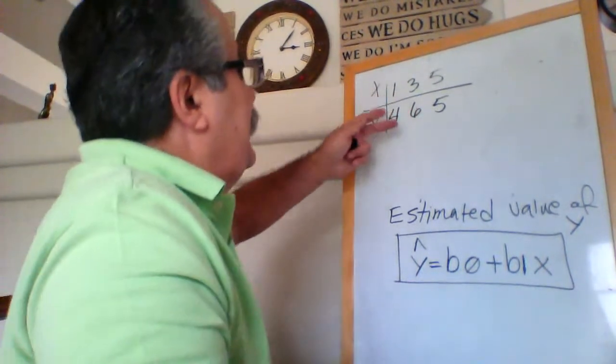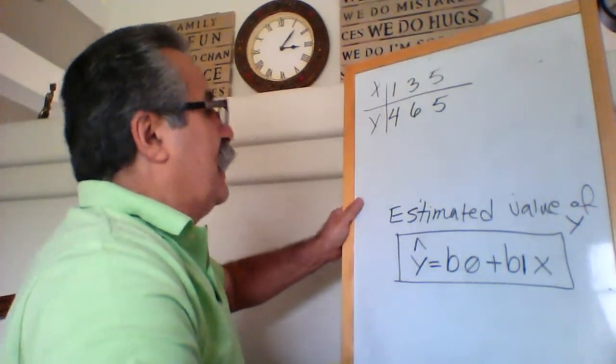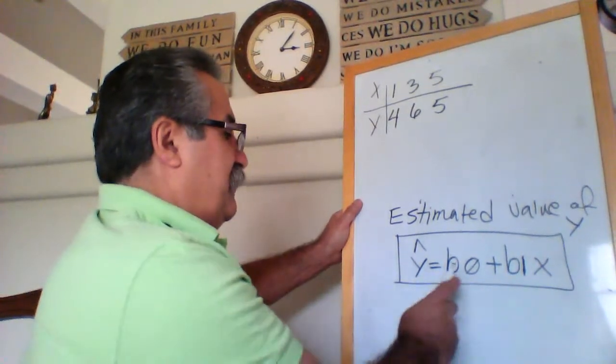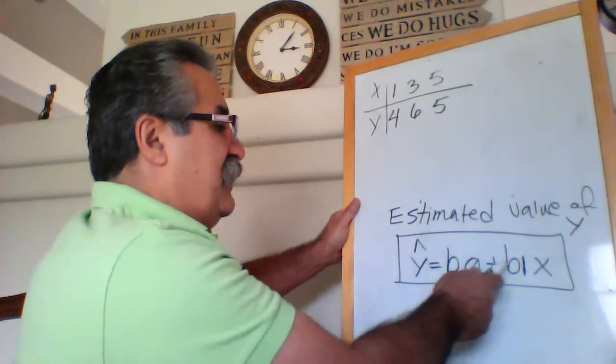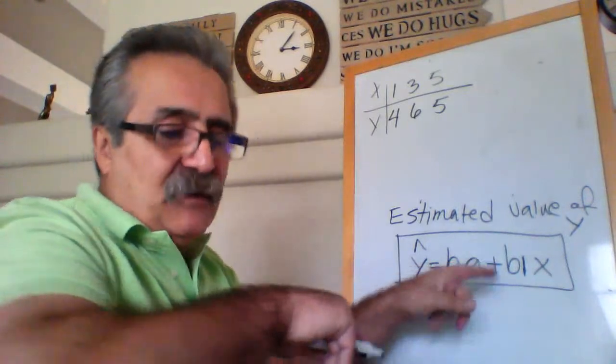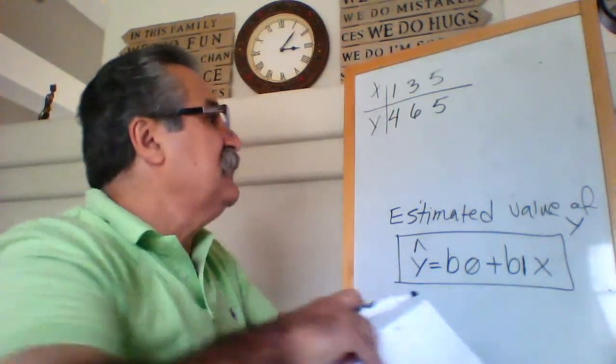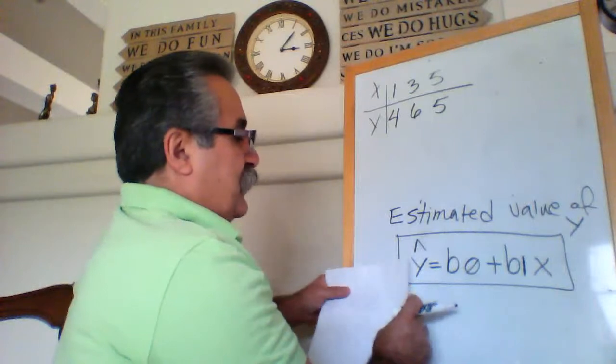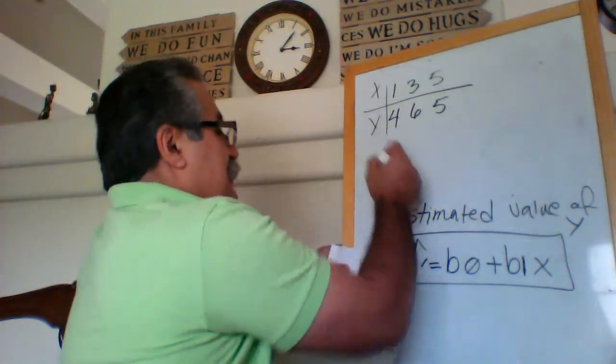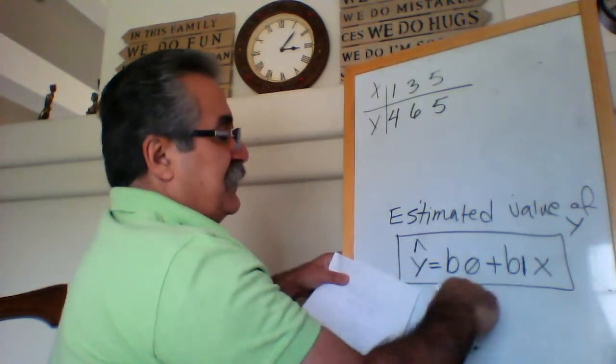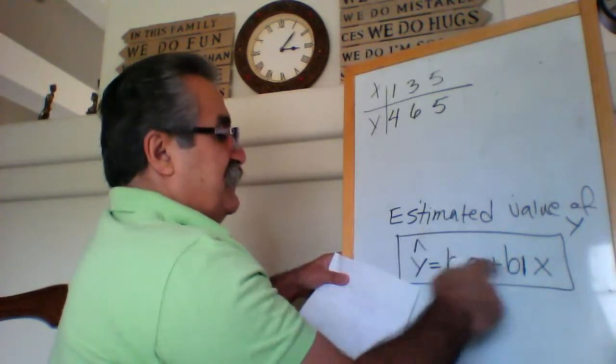Now let's go ahead and see what the values of b sub 0 and b1 would be, and how we calculate those values and plug them into this equation. To develop this equation, first we have to find these two.